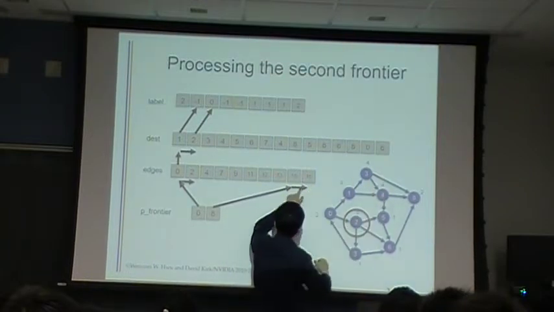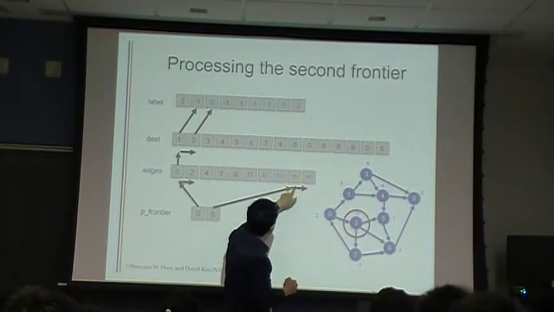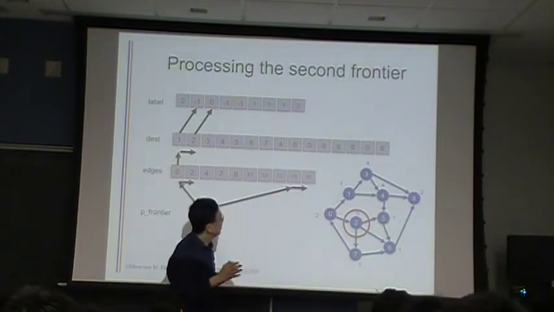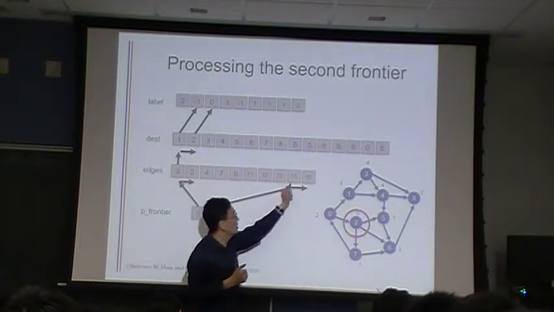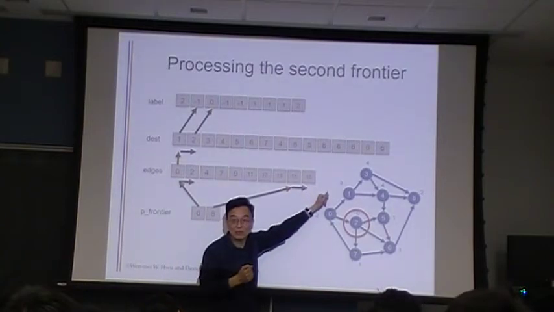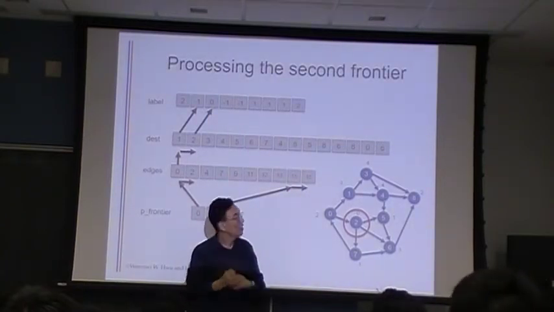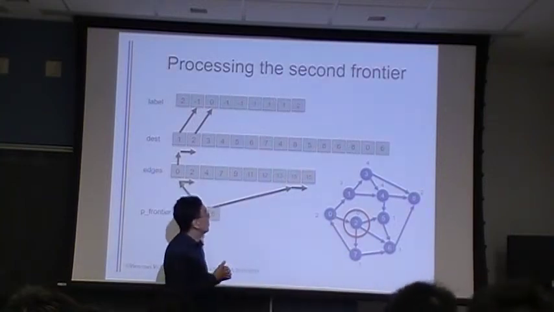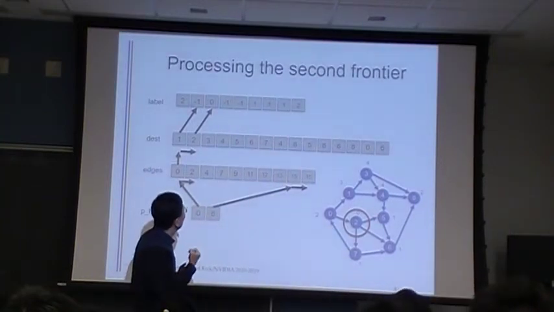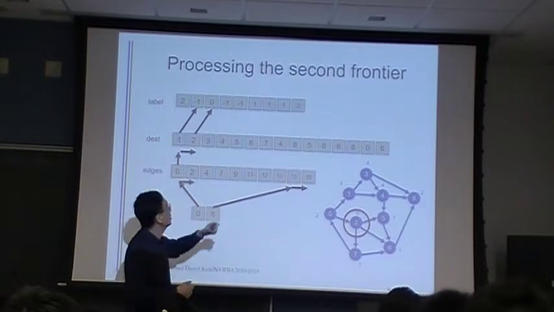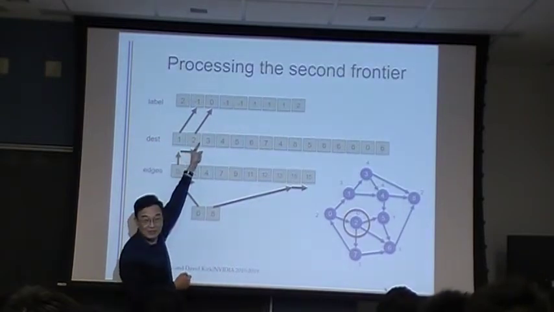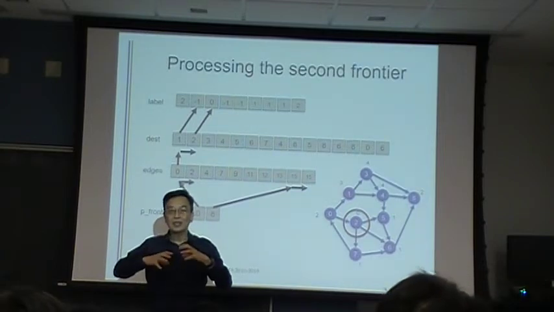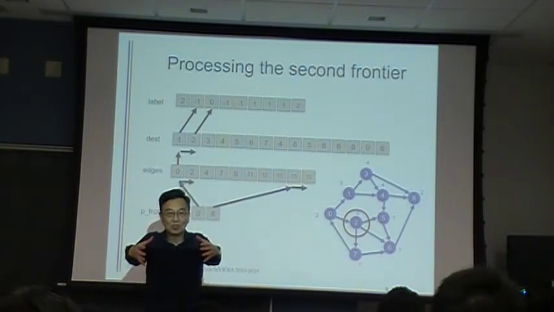So that means that the last one, when I see this, there's nothing here, because it starts with 15, and the next one starts with 15, so it's an empty list. So I don't have any edges to work with. So the only one that I'm going to be able to pick up for the next frontier, in this case, is 1. Right?